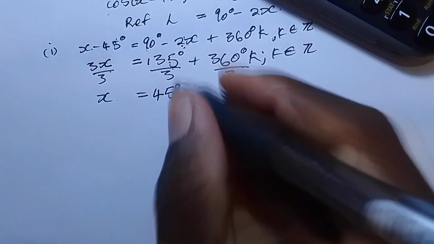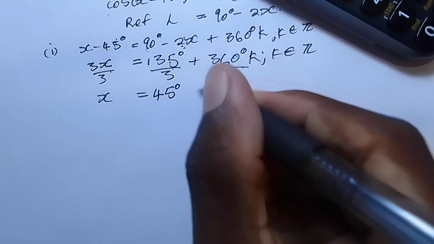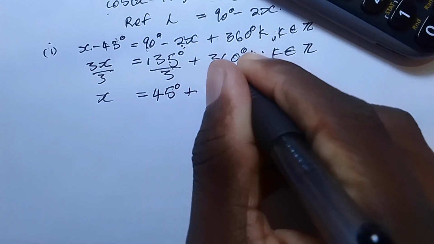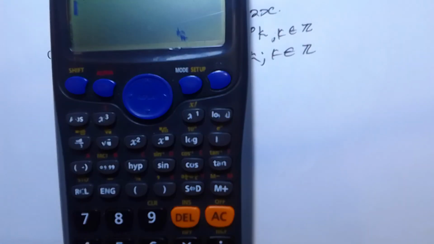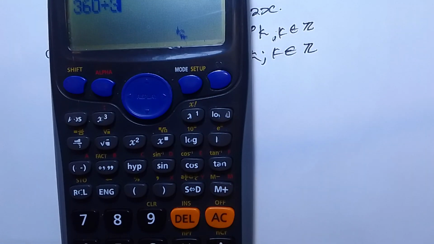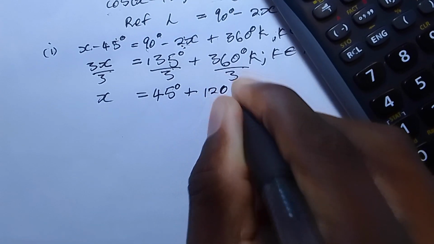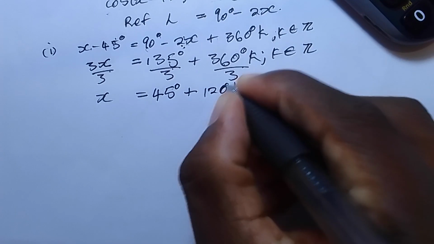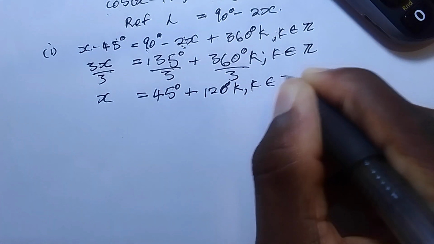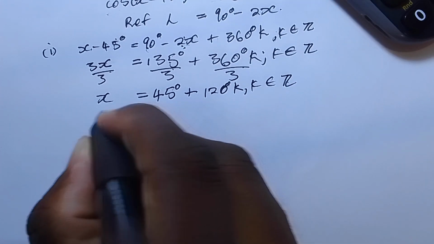I should have known, because 90 is made up of 2 forty-fives and you added another 45, so it's 3 forty-fives. 360 divided by 3 is 120. So x = 45° + 120°k, where k is an element of integers.